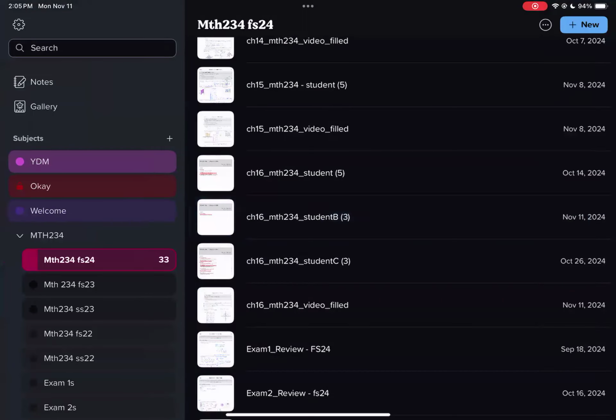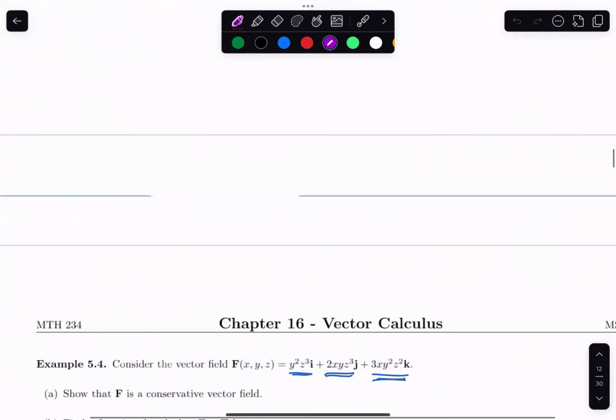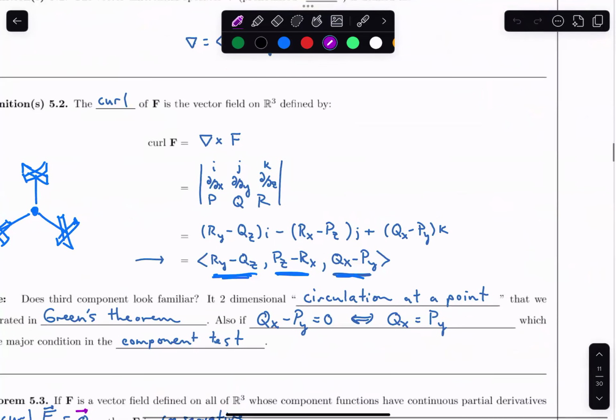However, you should at least be able to look at what I've given you here and the fact that this final component, Q sub X minus P sub Y, had something to do with conservative in the XY plane. If this thing was equal to 0, then it was conservative in the XY plane.